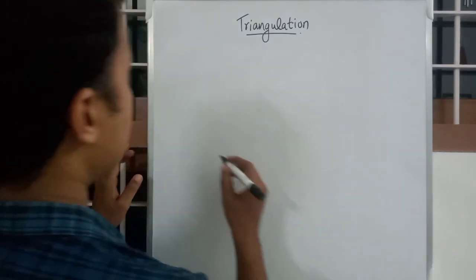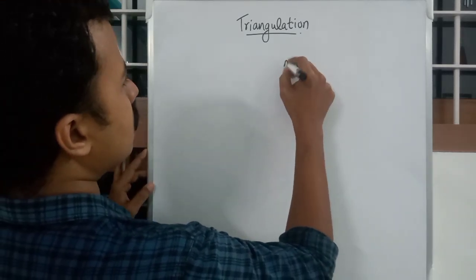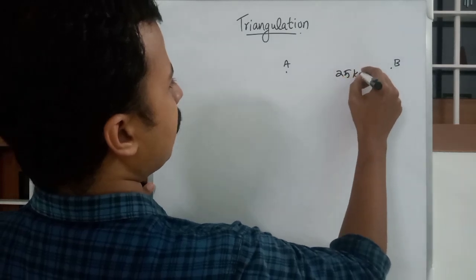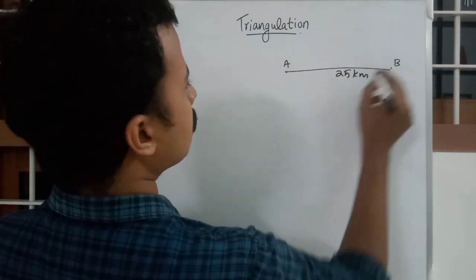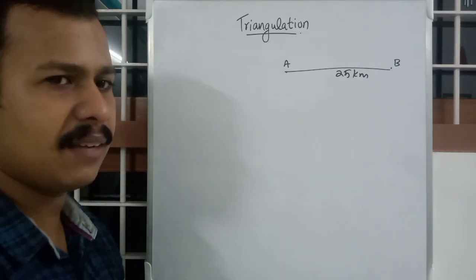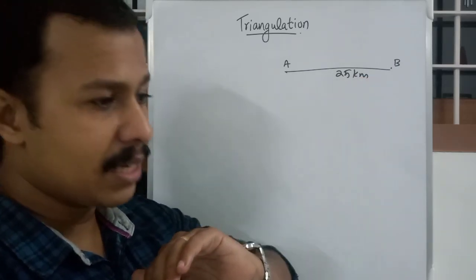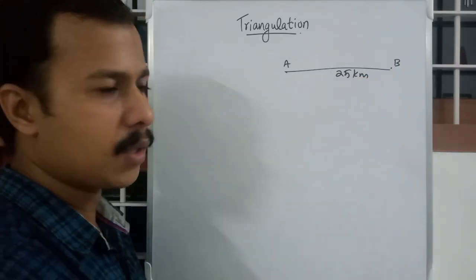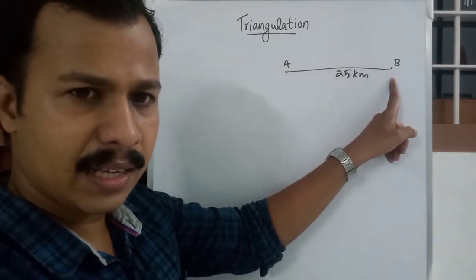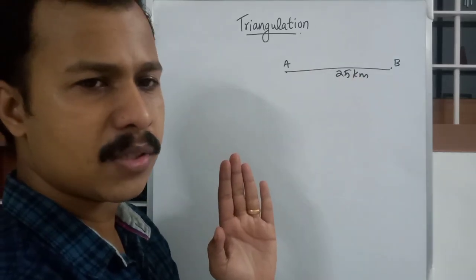Suppose this is station A and this is station B, and there is 25 kilometers of distance. As this is triangulation, in 25 kilometers there will be curvature of earth involved. If a man is standing at A and another man is standing at B, they definitely cannot see each other.